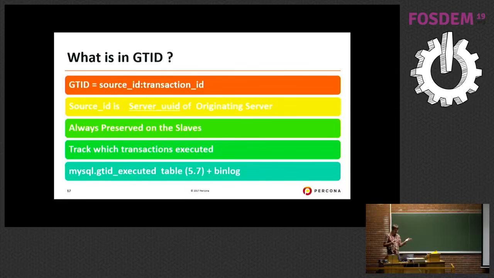GTID looks this way: you have the source ID and some transaction ID information. And this GTID value for a transaction is always preserved on the slave. Even if you have a multi-tiered, very complicated MySQL hierarchy, the GTID of a transaction will be preserved as the transaction goes through a slave.